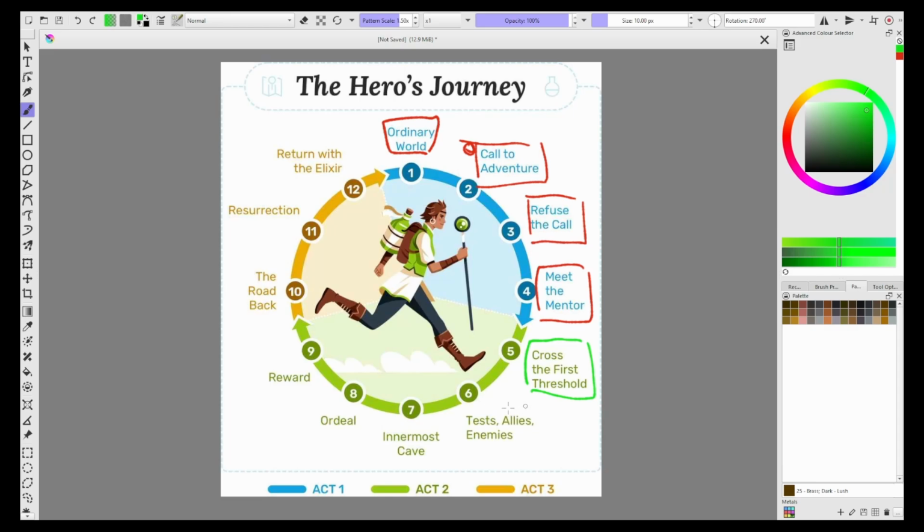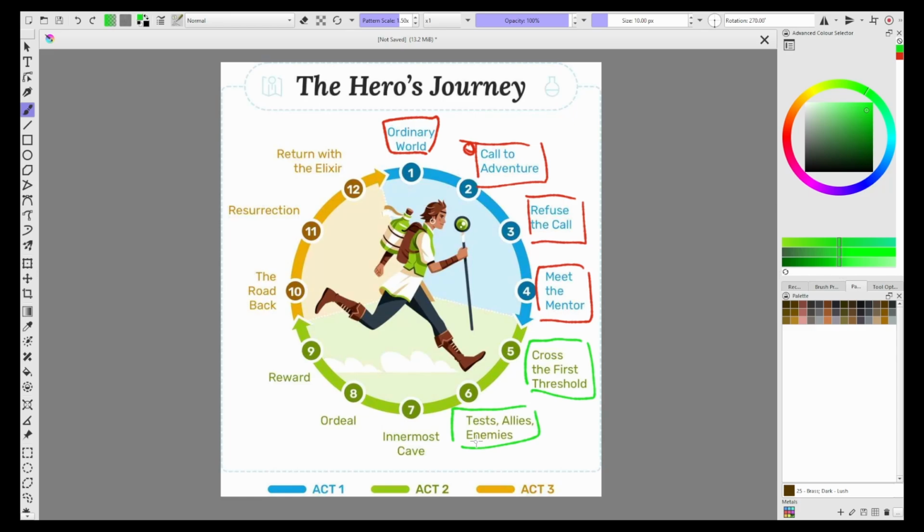Next, we have tests, allies, and enemies. So this is the bulk of the story. It's where your character has to go and do whatever it is that the story wants them to do. They're going to move towards that end goal or the question or whatever it is that was set up in the call to adventure and whatnot.